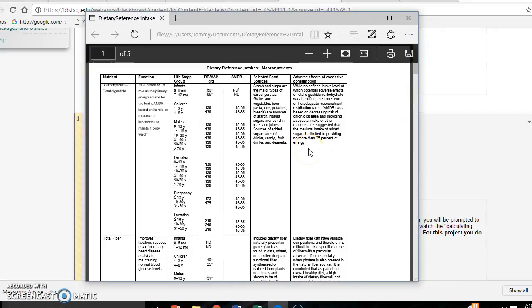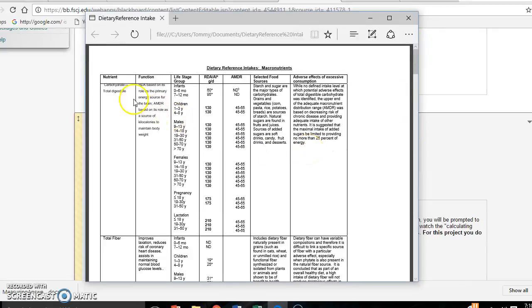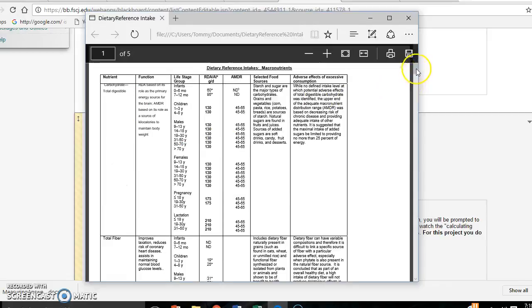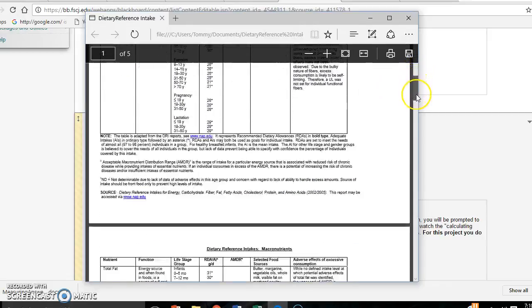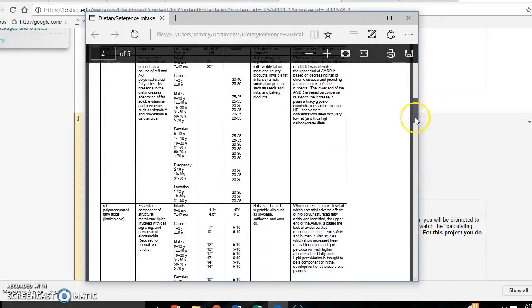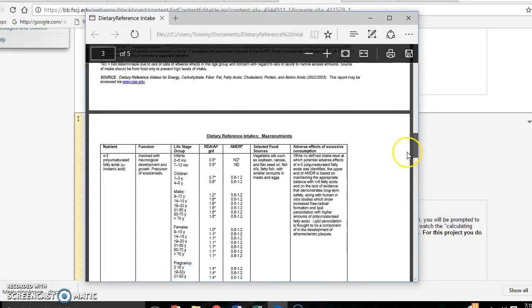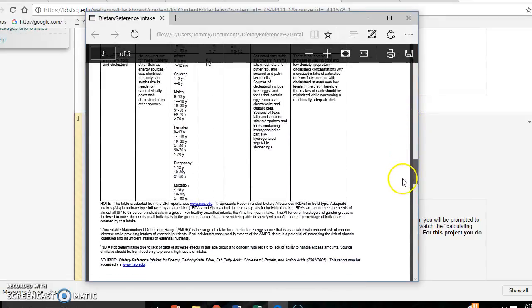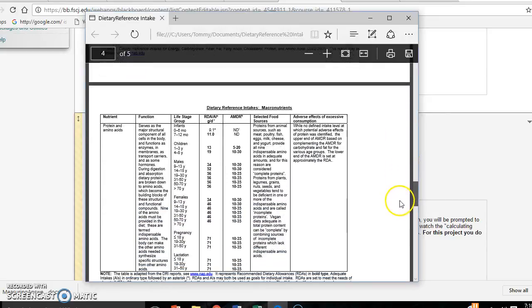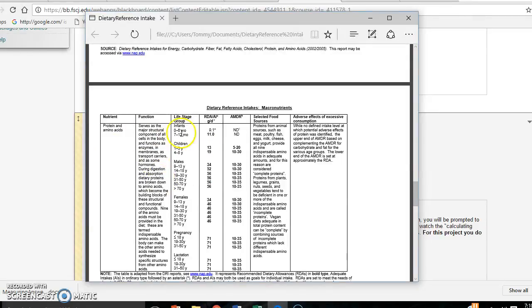You will need to scroll down to where you see protein. So there is the protein and amino acids. You need to find your gender as well as your age, and look over to find your RDA for your age and gender.